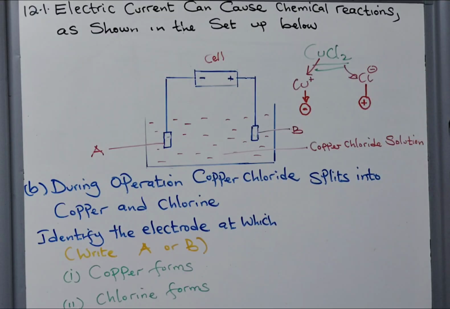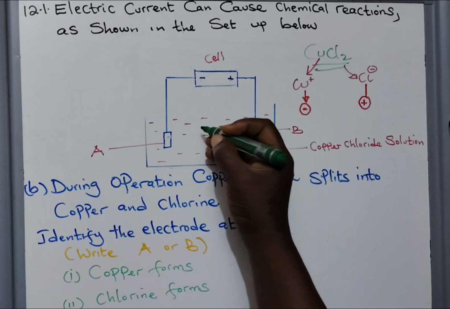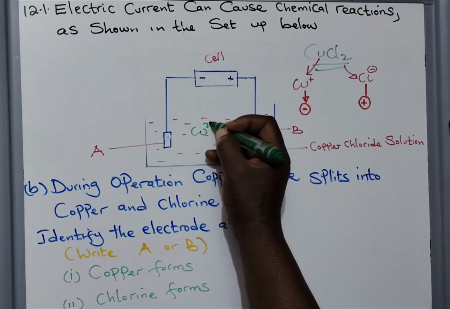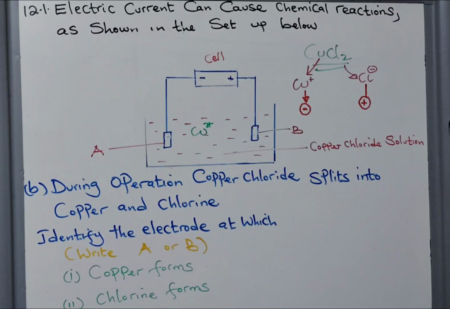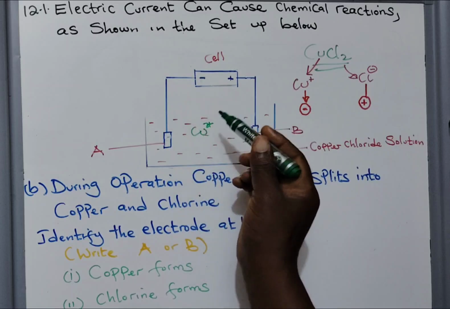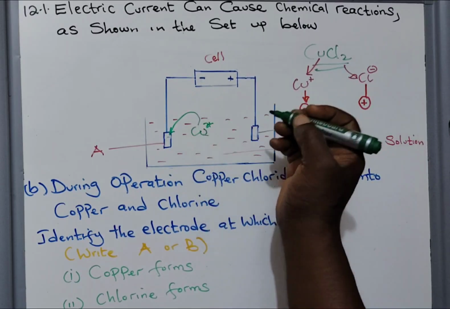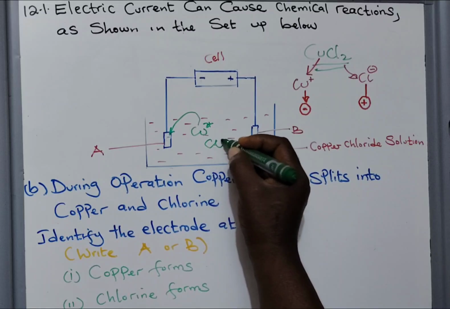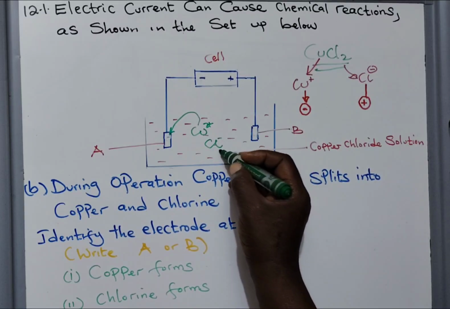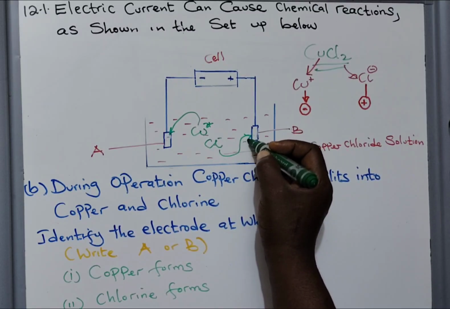Now, the question is, if you have this one as your positive, where does it go? Remember, we said this is negative, so it will come here. And if you have this one as your negative chloride ions, it will move there.